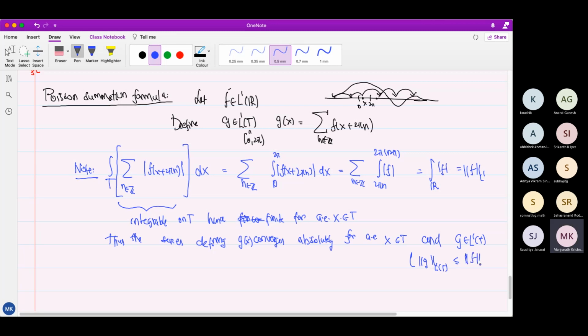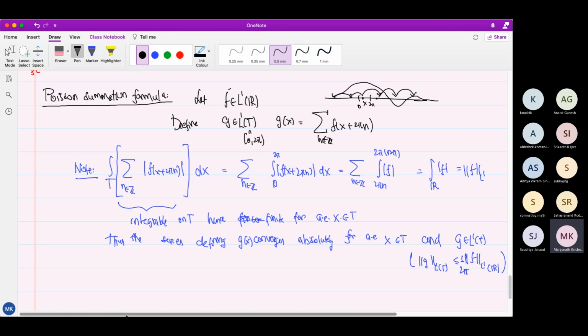It is bounded by the L1 norm of f, well, I should put a 1 over 2 pi, because for me on the torus the L1 norm is defined with 1 by 2 pi. Here I had not done that, so I can put 1 by 2 pi here. But it's an inequality because I put absolute values inside. So G is an L1 function.